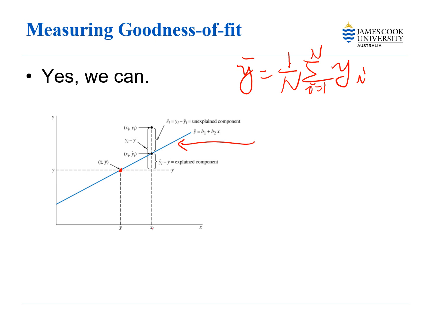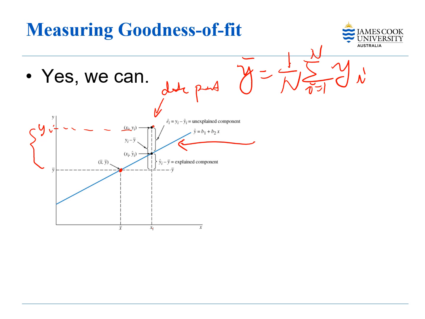On xi, our data also have a corresponding yi. This point is our data point. According to our data, if x takes value xi, y takes the value yi, and it has a deviation from its sample average of this many. That's the deviation of this particular yi from its sample average.